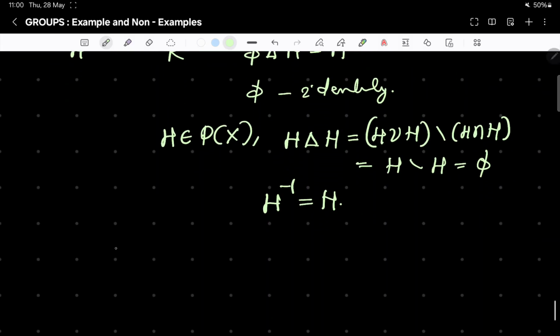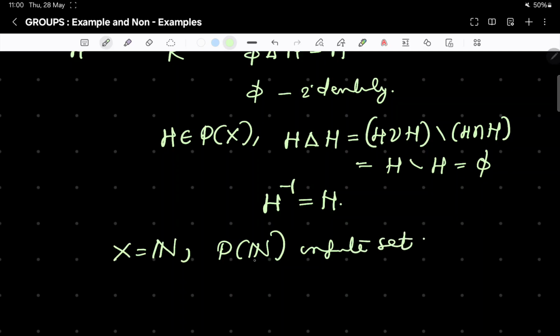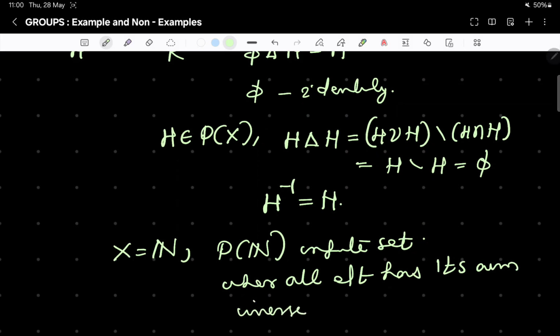So this is a particular kind of group. If you take X equal to the natural numbers, then the power set of N is an infinite set where every element is its own inverse, because they are inverses of each other.